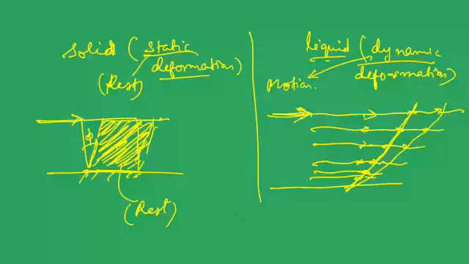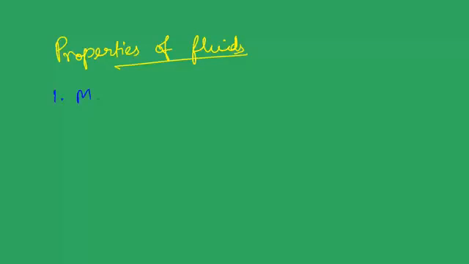After this, we'll see some of the properties of the fluids. The first one we'll see is the mass density. Second one we'll see is the specific weight.